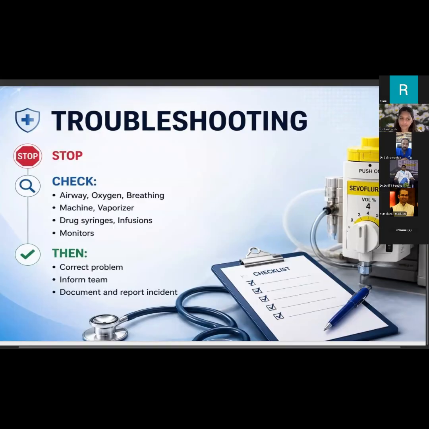We should check the airway, oxygen delivery, breathing circuits, monitors, vaporizer settings, infusion pumps, and drug syringes. Then correct the problem, stabilize the patient, inform the team, document the event, and submit an incident report so that the organization can learn from it.